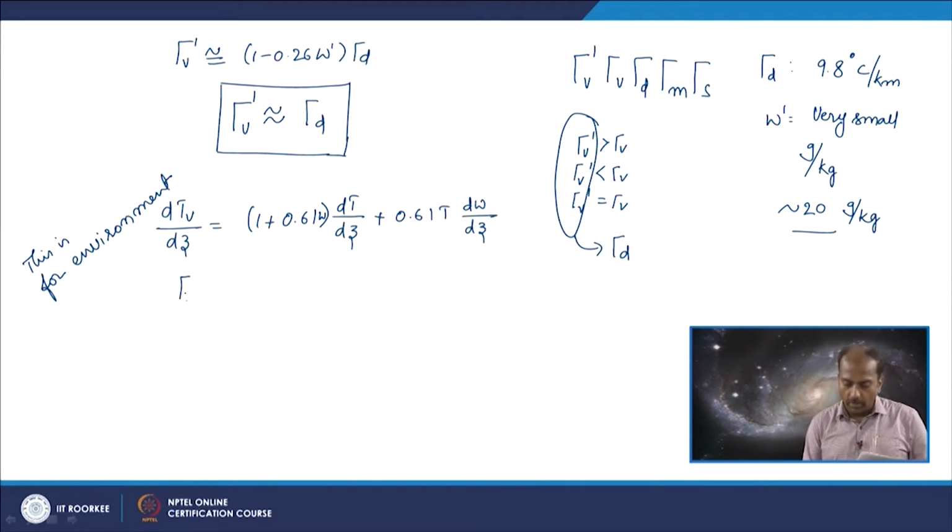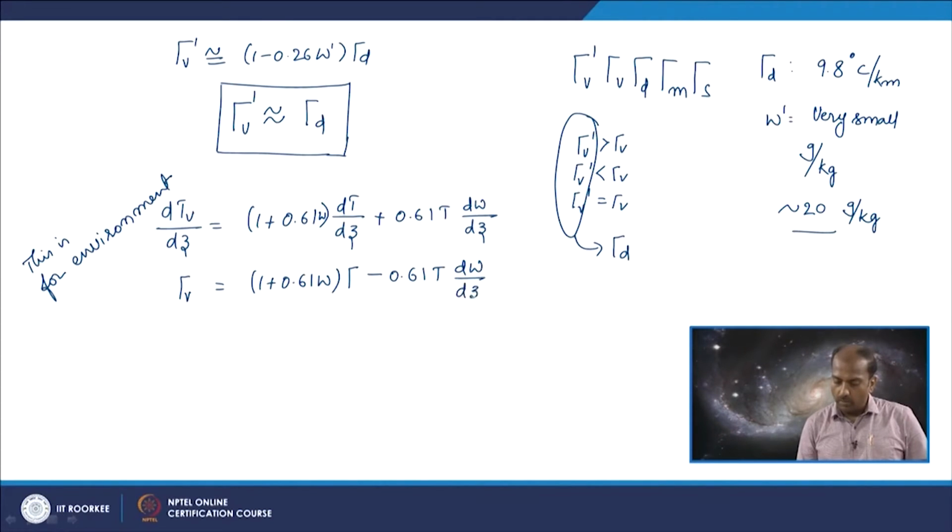So, this is gamma v. The virtual lapse rate of the environment is equal to 1 plus 0.61 W times gamma, the rate at which temperature changes with respect to height, minus 0.61 T dW by dz.